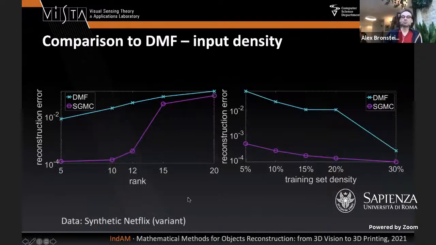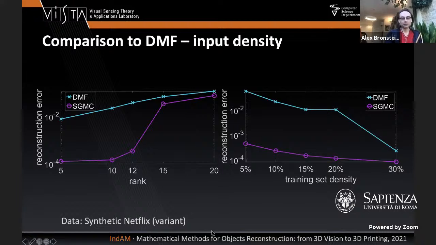I would like to show you a few plots comparing to DMF. Basically, we did this spectral reparametrization and introduced geometric constraints, but how well does it perform compared to the vanilla DMF? Here are a few examples showing when this geometric extension is important.